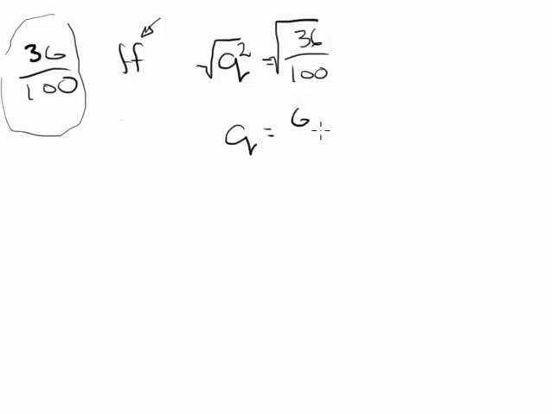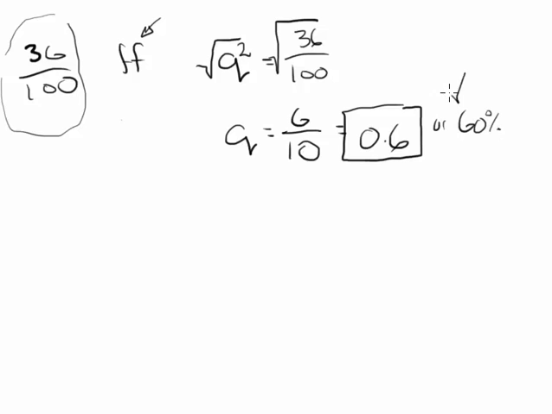This is set up easily, so you can take the square root of 36, it's just 6. And then ultimately we have 6 tenths, which is 0.6 or 60%. And you really want to focus on these frequency numbers. If you start throwing these percentages in or mixing these in, you'll start to get some wonky data here.